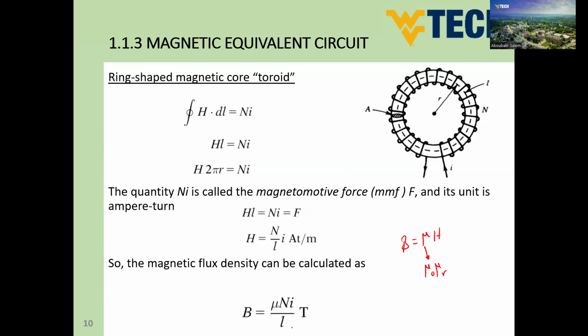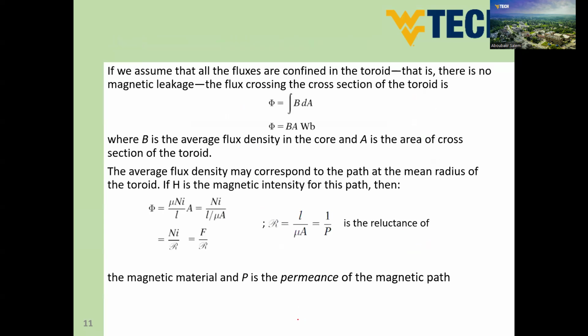So this is the relation of the flux density. If you would like to get the flux lines, guys, we need to make the integration of B dA. The A is nothing but the cross-section area of our core. Here we don't have the dimensions of the core, but we define the cross-section area as A, so we can just substitute here by A.